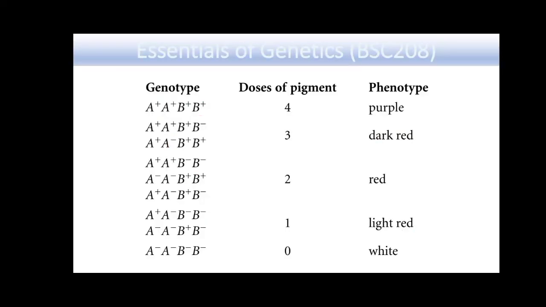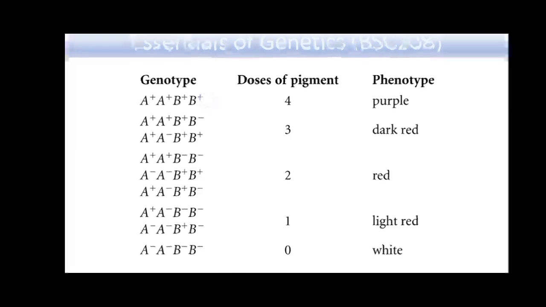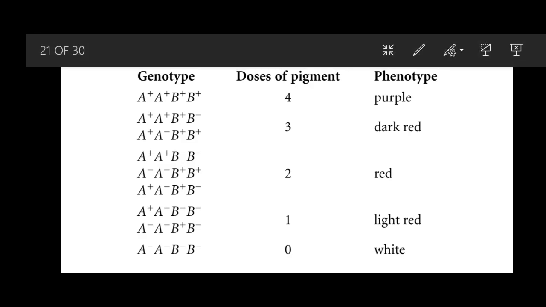So if we look at the genotype, just like our hypothetical example, when four plus alleles were present, the presence of four plus alleles results in four doses of the enzyme, and purple color is produced.